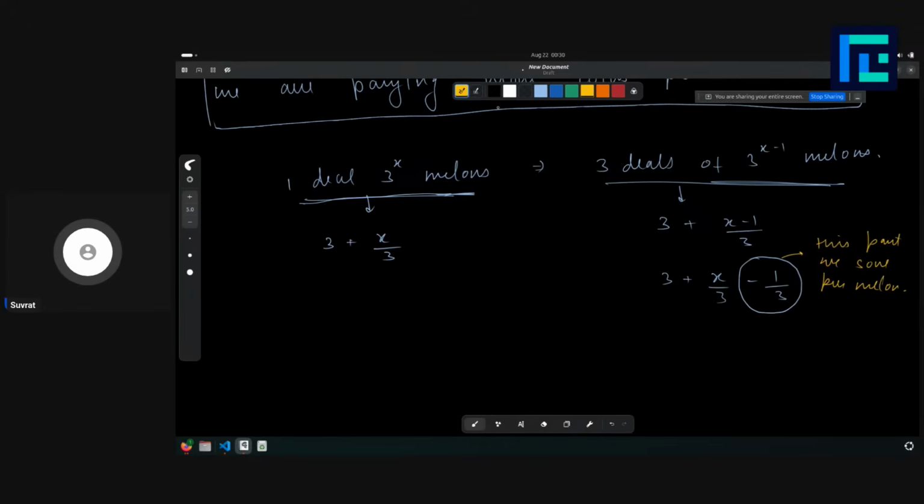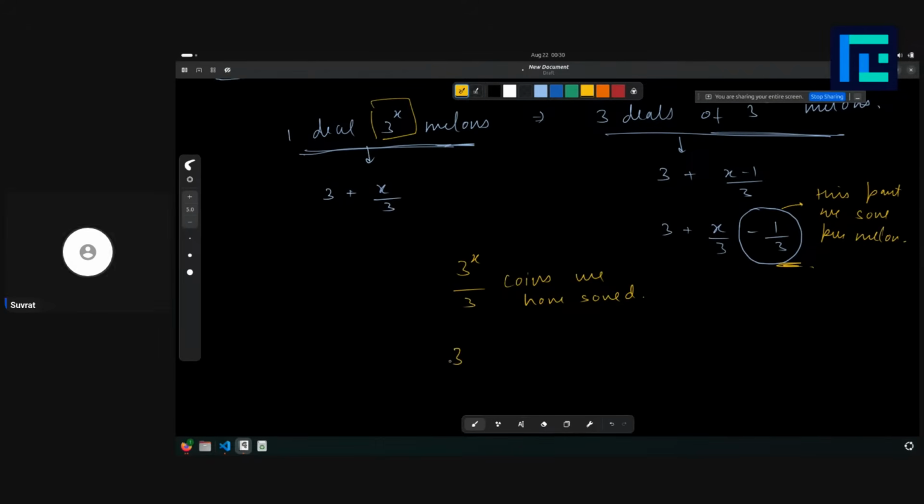So let's actually calculate overall how much we saved. We save 1 by 3 per melon, and we are buying a total of 3 to the power x melons. So 3 to the power x upon 3 coins we have saved. And using the least number of coins is basically the same as maximizing the coins that we are saving.